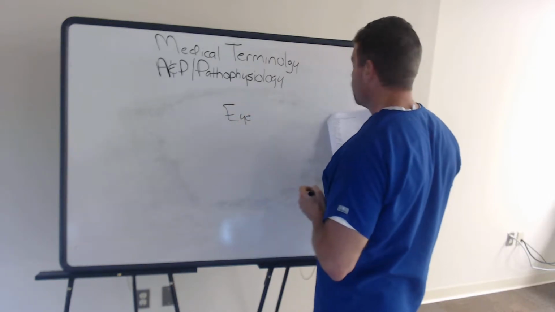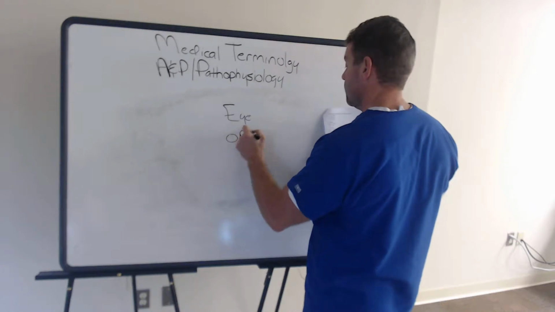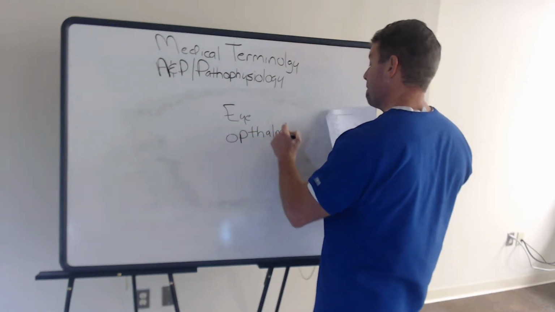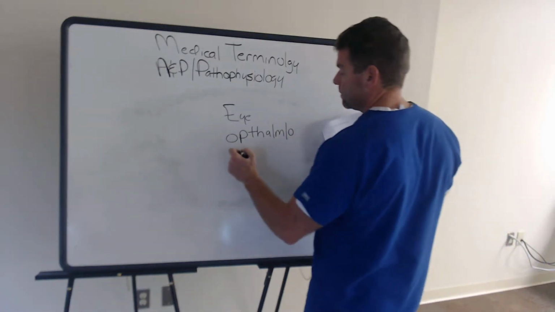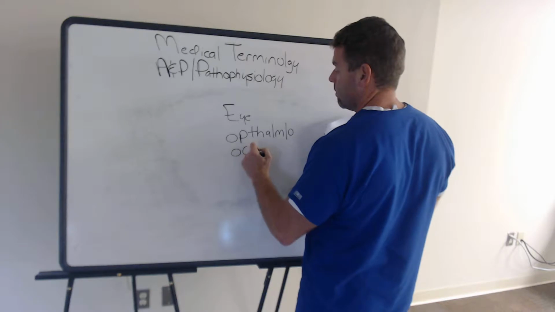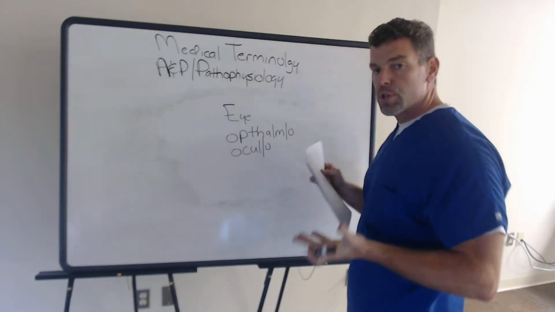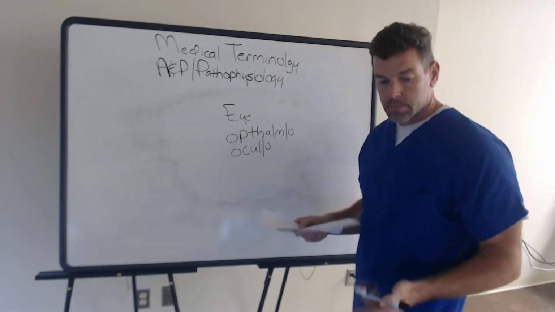A combining form that means eye is ophthalmo, like an ophthalmologist. Oculo also means eye.